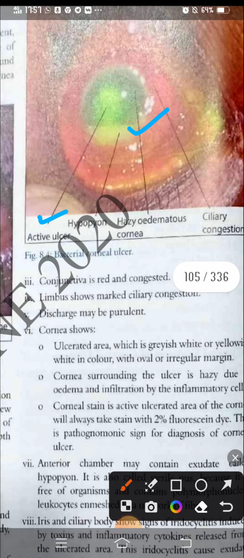Whenever you stain the cornea, that particular ulcerated area would take up the 2% fluorescein dye, and this is a pathognomonic sign. A pathognomonic sign is a sign that is particularly related to a particular condition, and it is a diagnostic sign, we can also say.